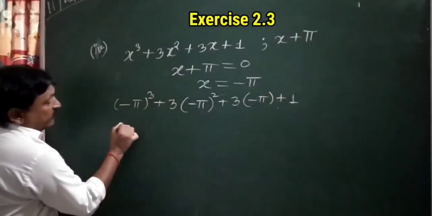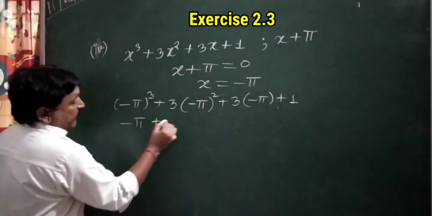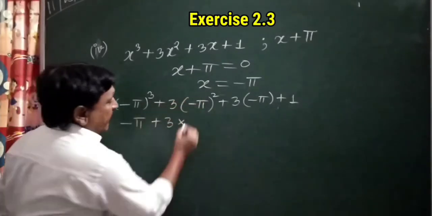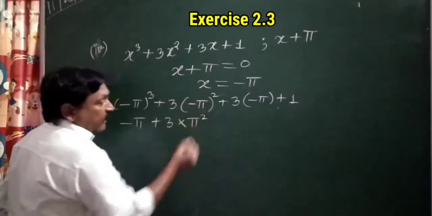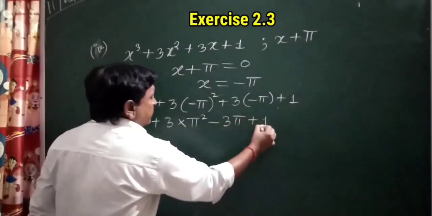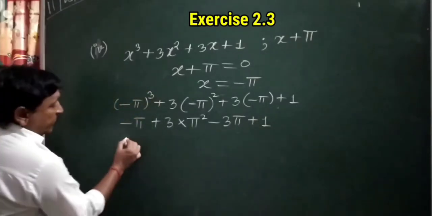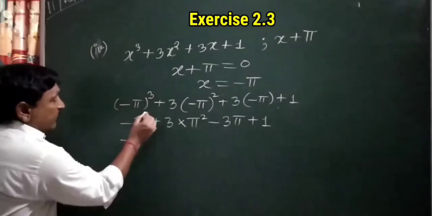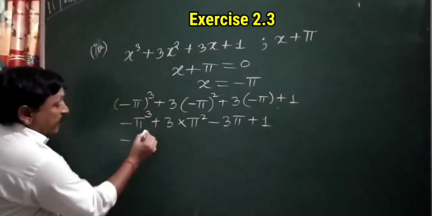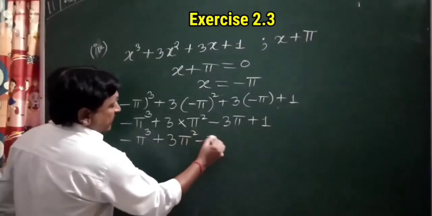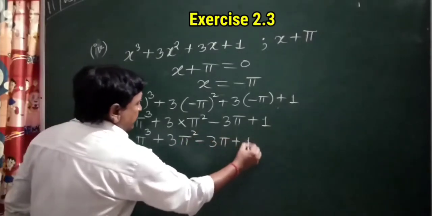Minus pi cube means minus pi cube, plus 3 into pi square, plus minus 3 pi, plus 1. So minus pi cube plus 3 pi square minus 3 pi plus 1.